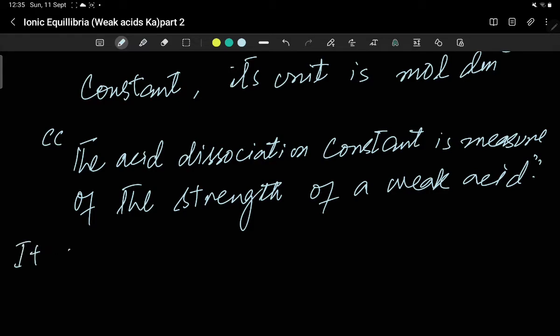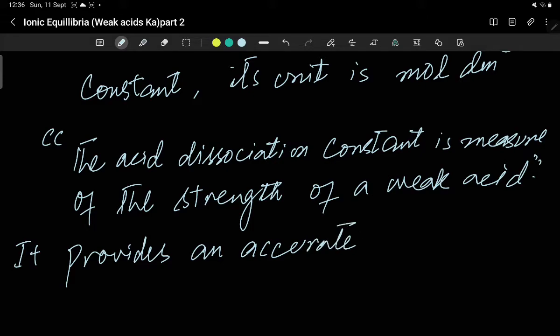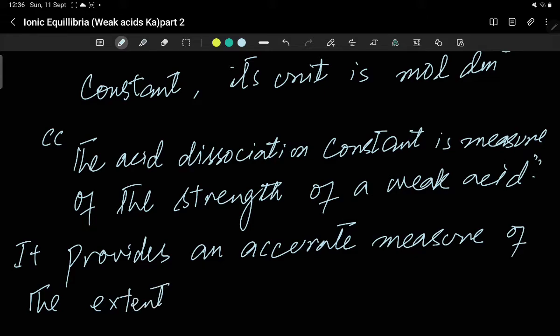It provides an accurate measure of the extent to which an acid is dissociated.